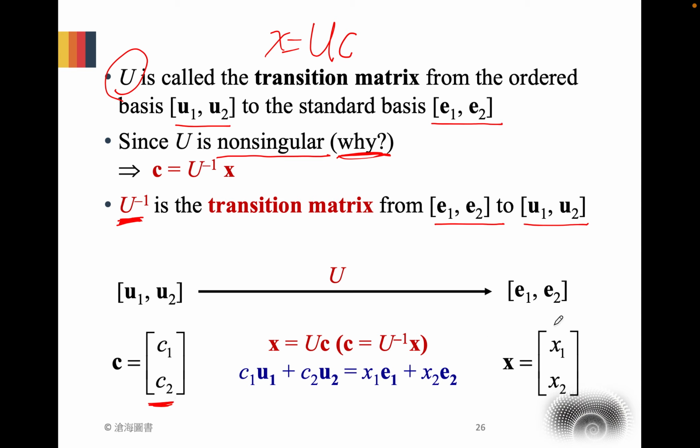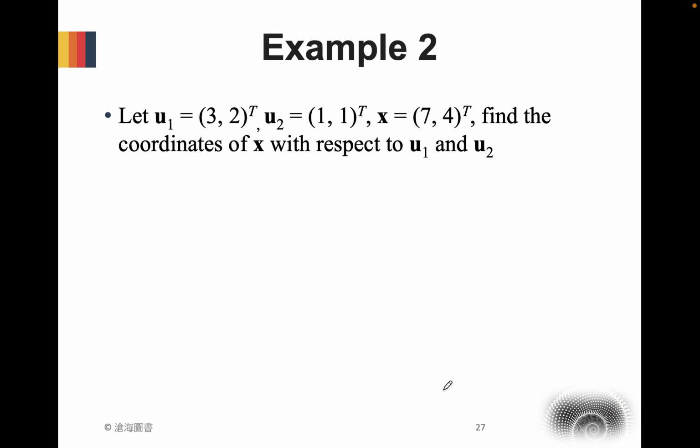And with respect to the standard basis E1, E2, we have the coordinate vector (X1, X2). The relation is x equals U times c, or c equals U inverse times x, right? And for the same vector x, it can be written as C1U1 plus C2U2, or X1E1 plus X2E2.